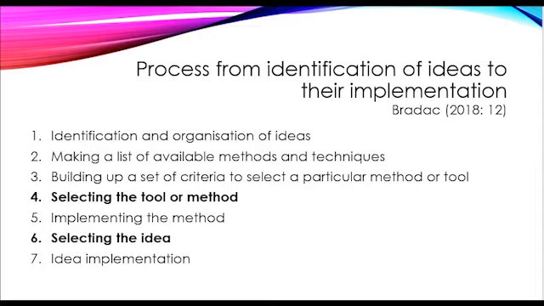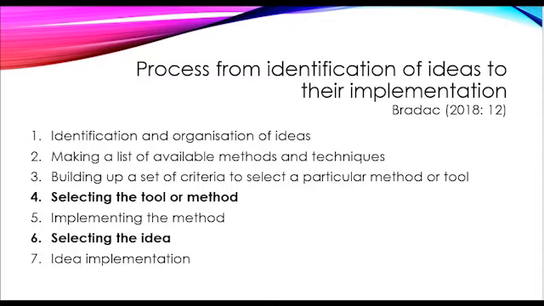So there are 7 consecutive phases that need to be gone through in order to implement the idea. We start off with identifying and organizing the ideas, then we make a list of available methods and techniques. We build a set of criteria, usually, to select a particular method or tool. Then we select the tool or method for evaluating. We implement the method, select the idea, and then we implement the idea.